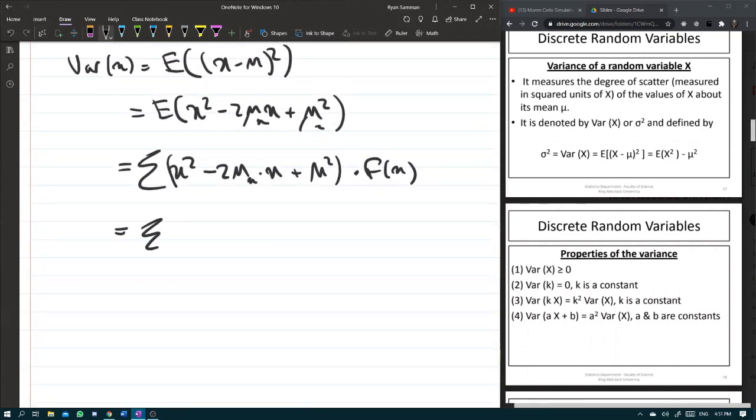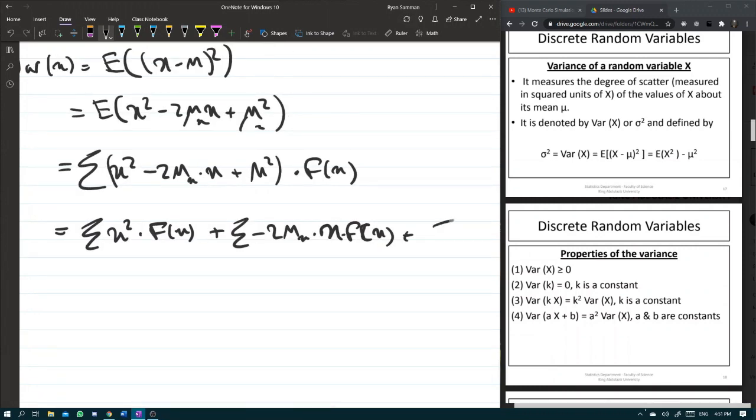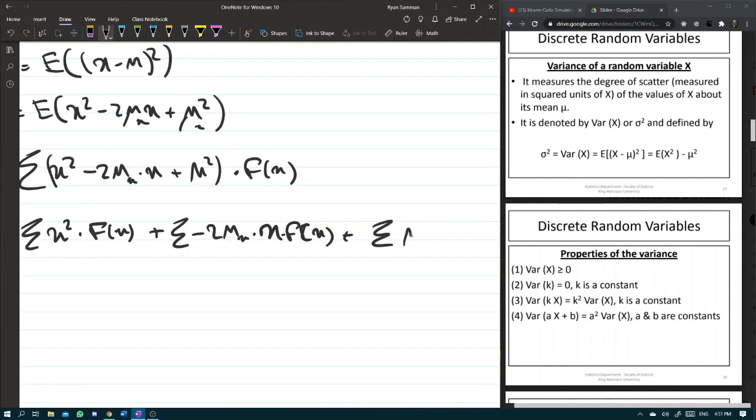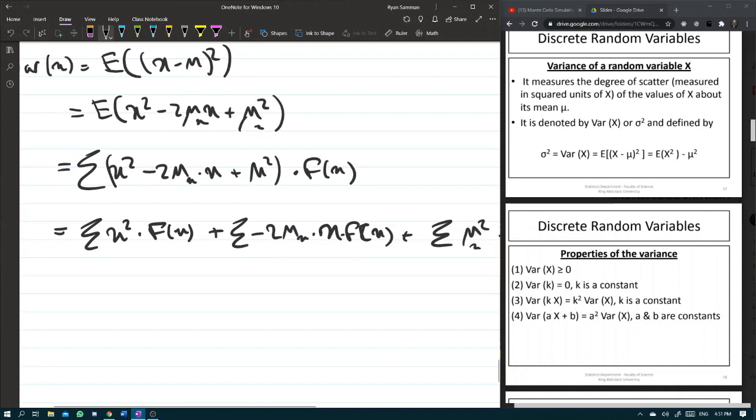So the sum of x squared times f of x, plus the sum of negative 2mx times f of x, plus the sum of m squared times f of x. Now we could bring the constants outside.